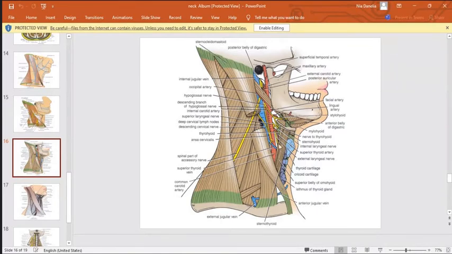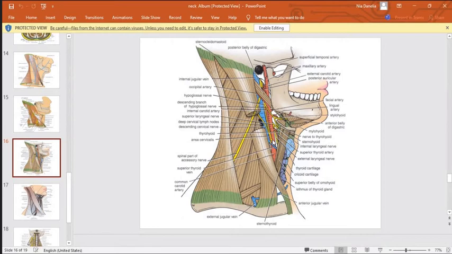This is clinically important. These two arteries are located very close to each other, as also shown in the picture. So when surgery is done to access the external carotid artery, it is accessed in this triangle.